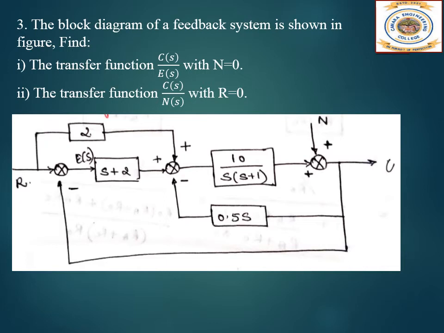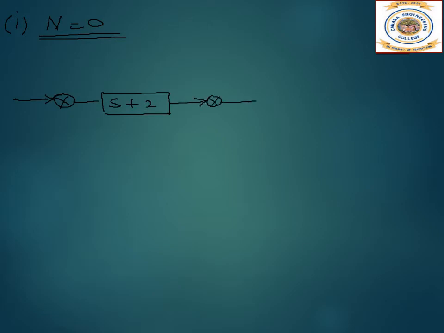So let us just redraw this whole circuit with n equal to 0. Now n equal to 0 is taken, so that summation point will simply vanish. So here we have a summation point, then we have S plus 2, another summation point, then 10 divided by S into S plus 1.